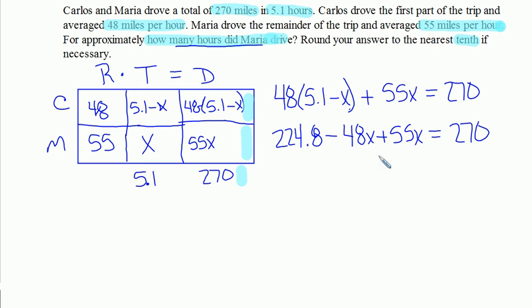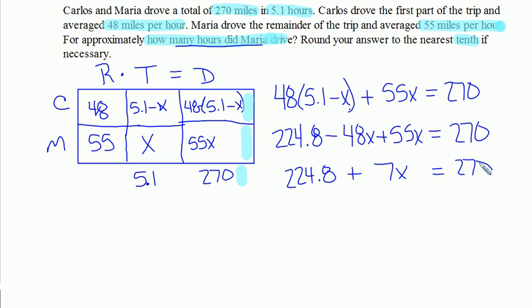Let's combine like terms. Negative 48x and positive 55x is going to be 7x. So I've got 224.8 plus 7x is equal to 270.